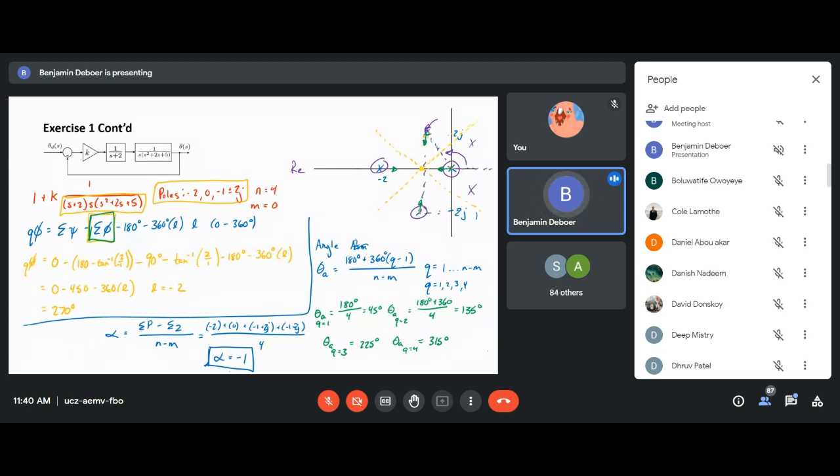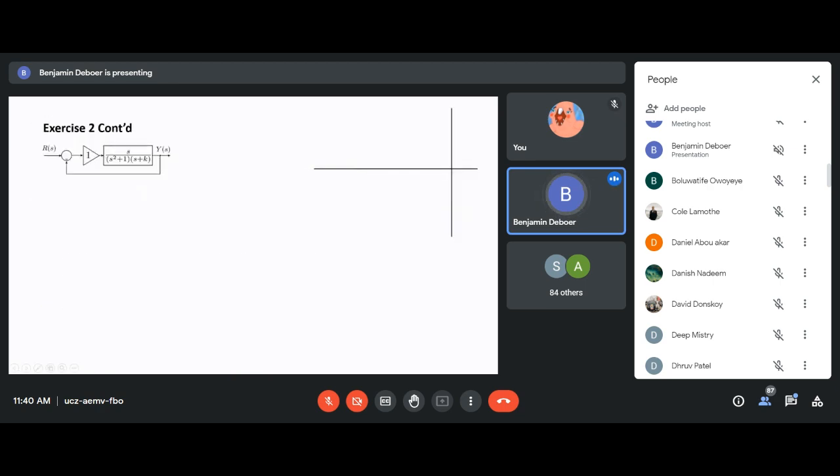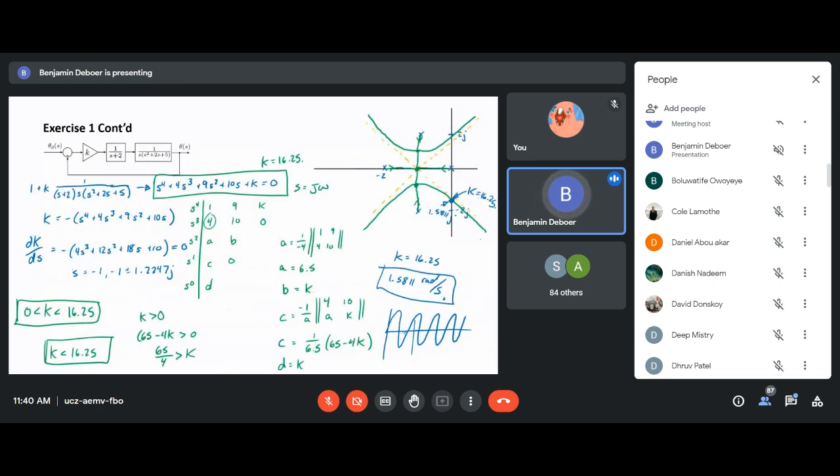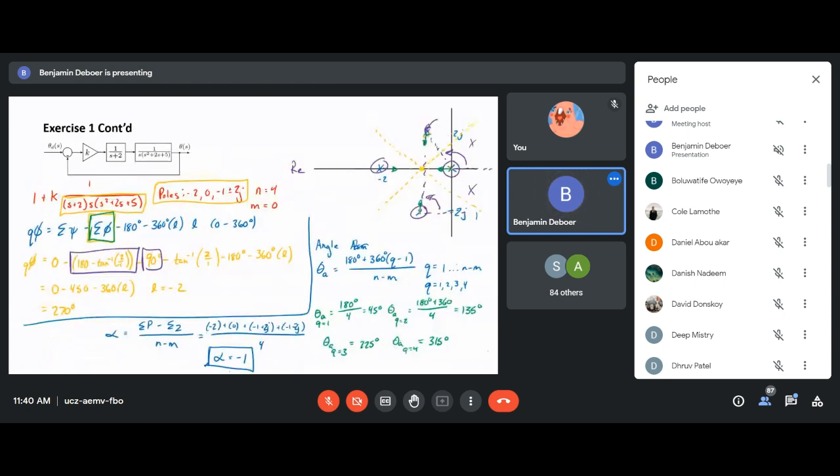So in this case, we have this angle here, which is this negative 90 from this pole down here, and then, sorry, I apologize, my tablet's doing some weird things today. And then from here, we also have this angle, which turns to here. So it's the angle between the real axis of the pole you're looking at to the desired pole that you're looking for the departure angle. I hope that clarifies things a little better.